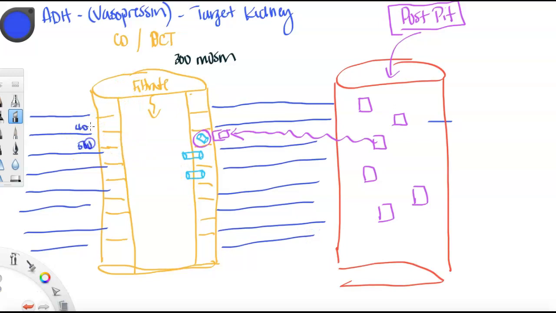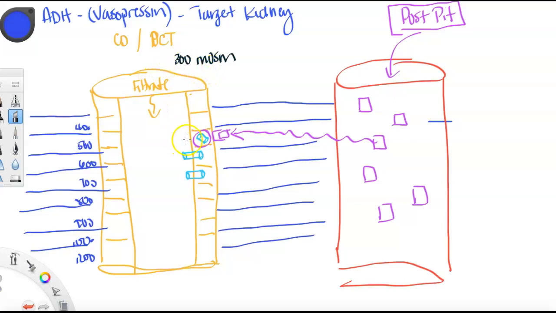So, 400, 500, 600, 700, 800, 900, 1,000, 1,200. So the filtrate is going down this collecting duct and down towards the bottom of the renal pyramid to the papilla, and it is in this weird salty gradient, and at the most it's going to be about 300 milliosmoles, but it could be less than that.